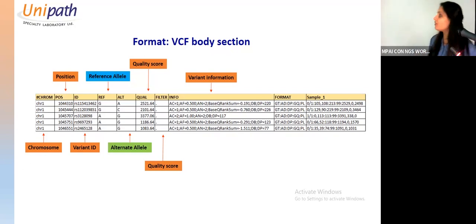From that, almost half of the reads, like 105 reads, are supporting the reference genome base, and the rest are representing the alternate base, that is A. And that's why it is heterozygous.